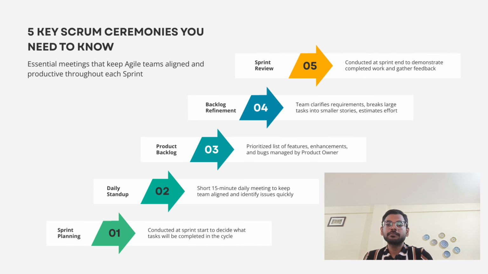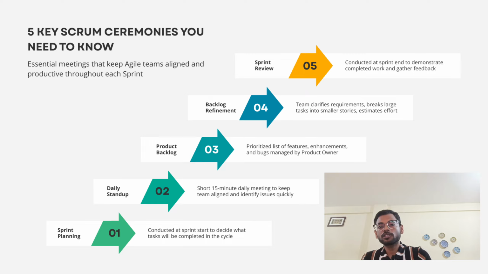Taking an example, let's say it was decided that 100 different works would be completed by the development team during a sprint, but after the sprint is completed, the analysis shows that 90 tickets or 90 works could be completed. That data is curated in the sprint review, and after that there are sprint retrospectives also.